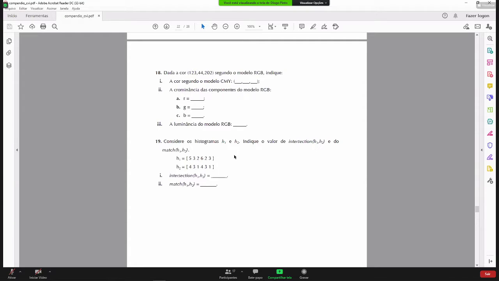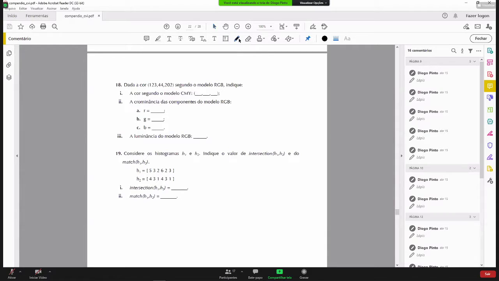I want to write in here. I'm not sure, but what I did was compare both of these, and then I selected in each one which one was the minimum, and then I added them all up.